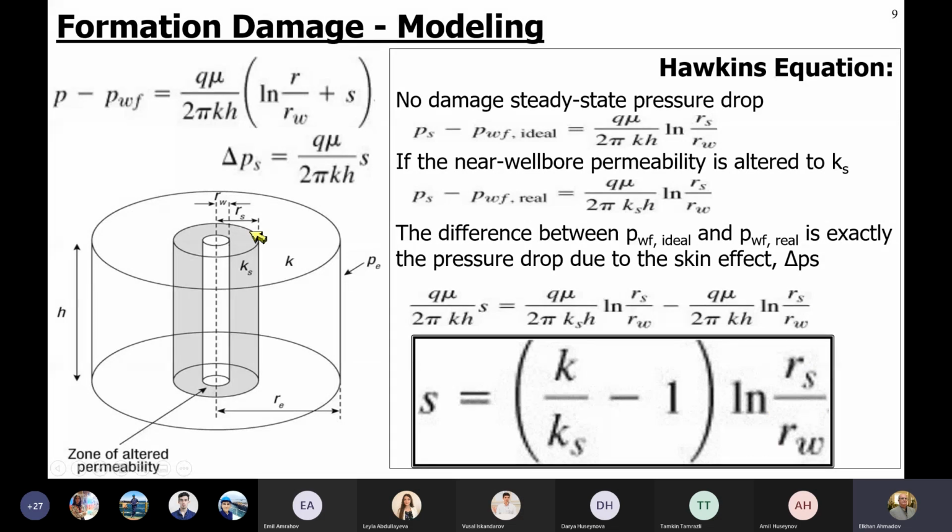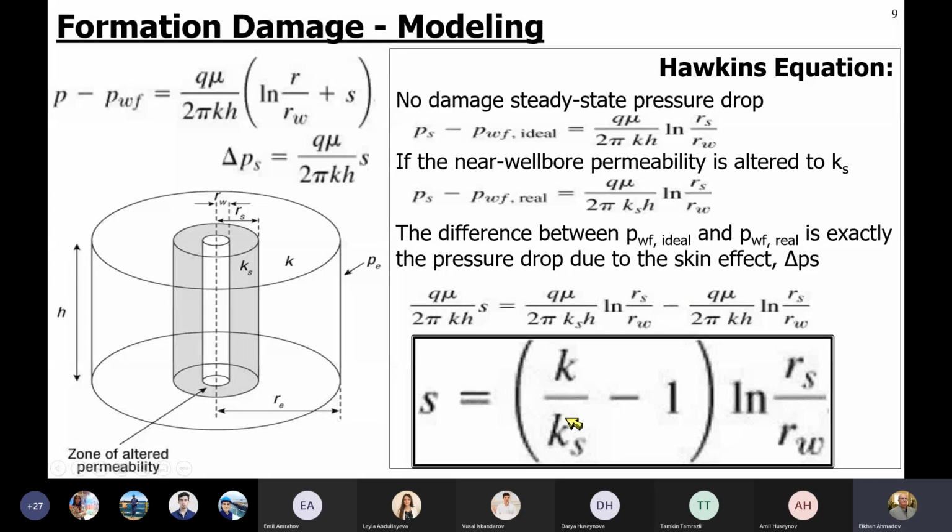Okay, so that's the Hawkins equation, and that's used to estimate the skin. It also can be used to evaluate other parameters, depending on what the task is or what data is given.